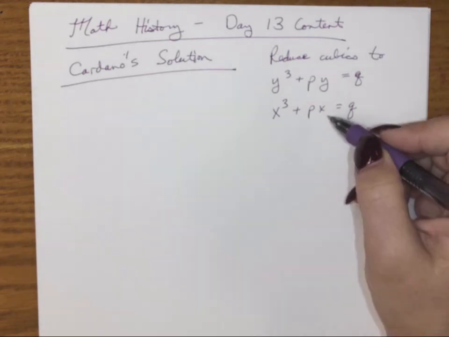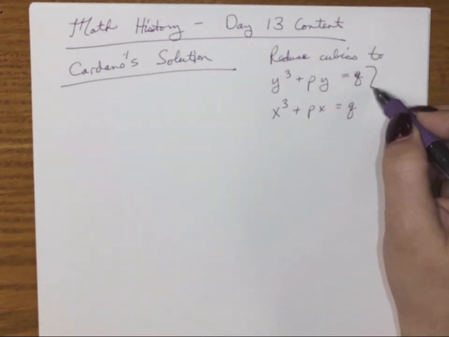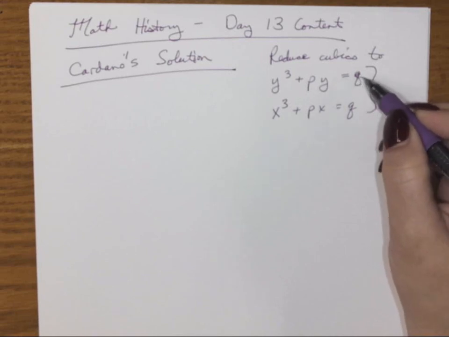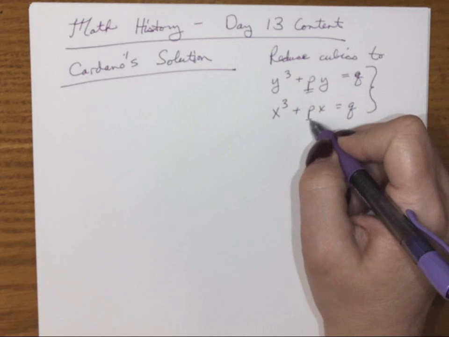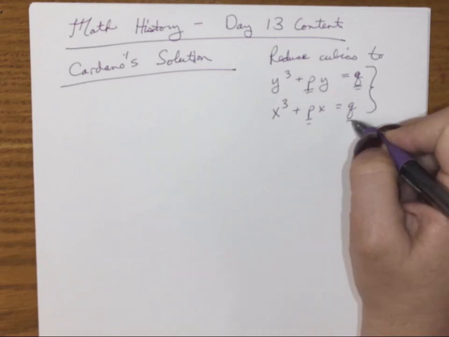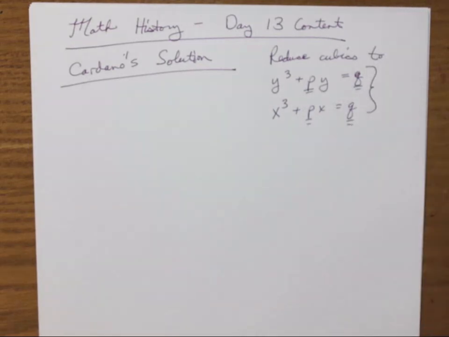But you can clearly see those are basically in the same form. The idea being that I need to figure out what my p is going to look like and what my q is going to look like in order for me to really be able to utilize what he's going to do for us. So what did he do?